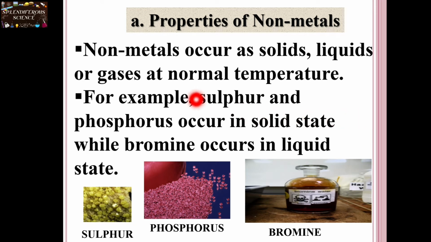Properties of non-metals. Non-metals occur as solids, liquids, and gases at normal temperature. For example, sulfur and phosphorus occur in solid state, while bromine occurs in liquid state.